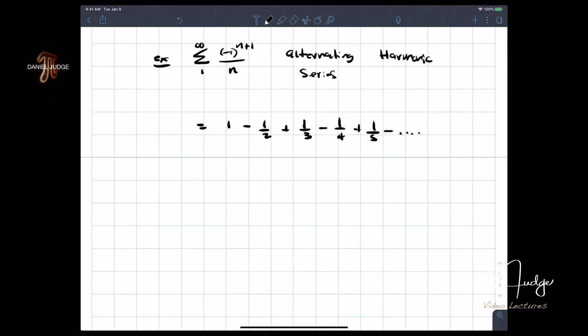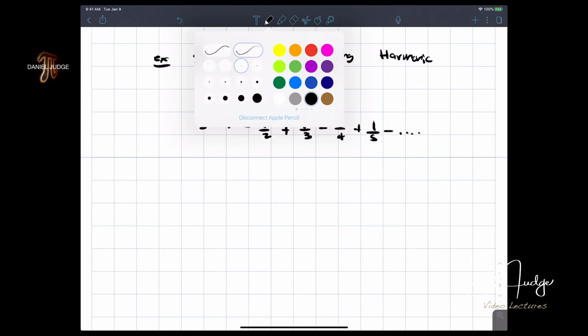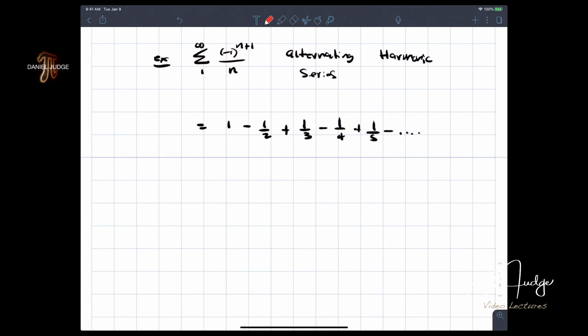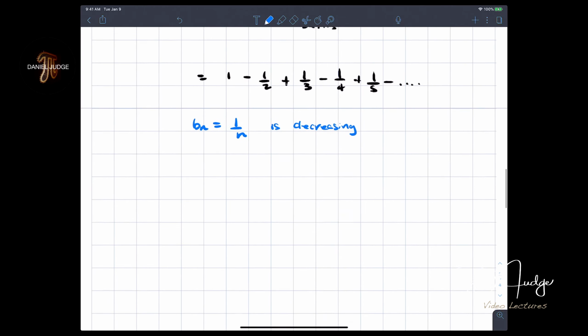Yeah, you get the very famous alternating series. In other words, these terms are alternating. And yesterday, what we looked at was the alternating series test. So we know a couple of things. I can say, just looking at the work from yesterday, that b_n here is 1 over n, and this is a decreasing sequence, really.